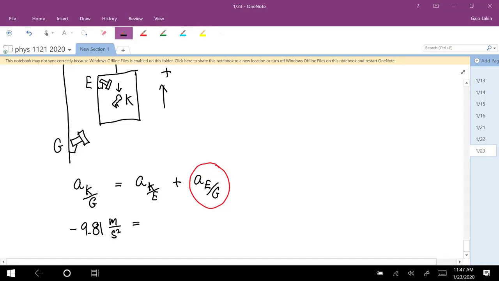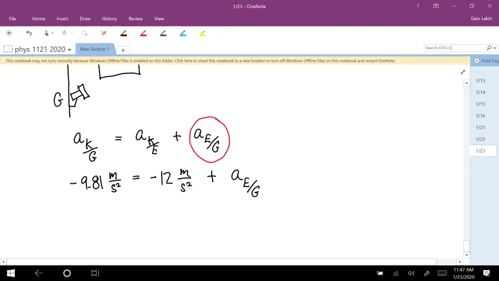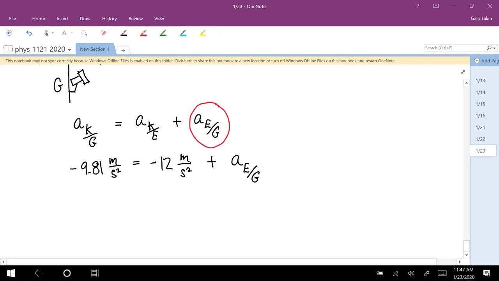What's the acceleration of the keys that's seen by the elevator? It's down, so it's negative: negative 12 meters per second squared. And then this is what we're trying to calculate. Now it's just algebra, and you get that the acceleration of the elevator relative to the ground is equal to positive 2.19 meters per second squared.